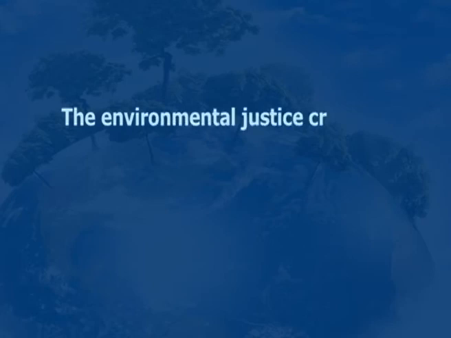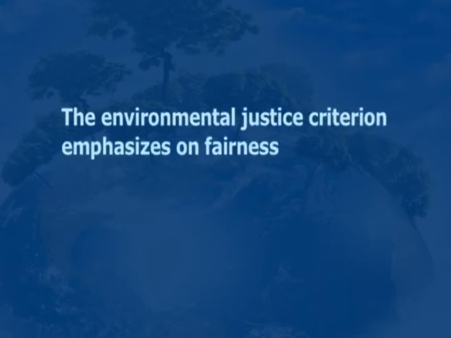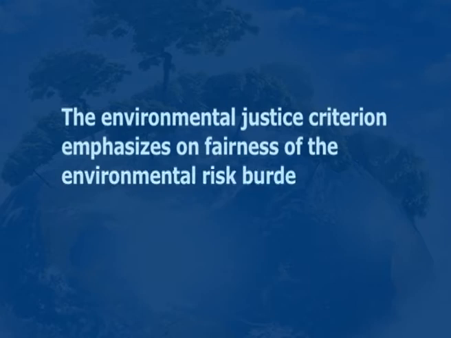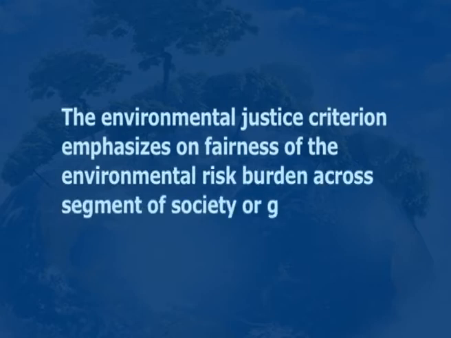The cost effectiveness criterion requires that the least amount of resources be used to achieve an objective. The environmental justice criterion emphasizes fairness of the environmental risk burden across segments of society or geographical regions.